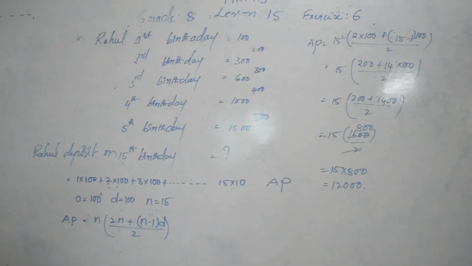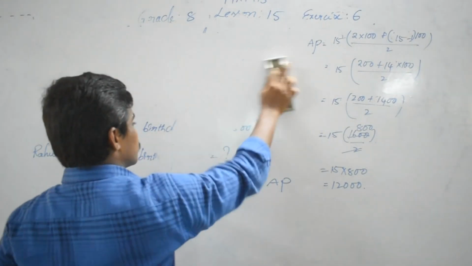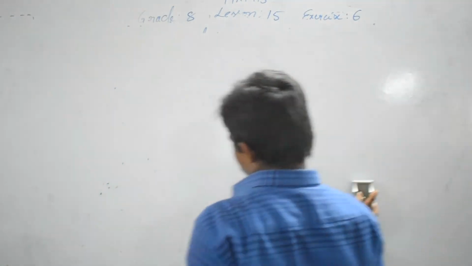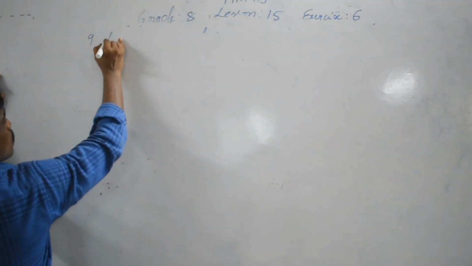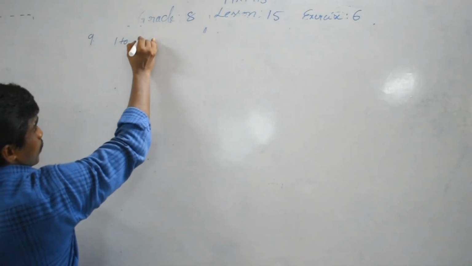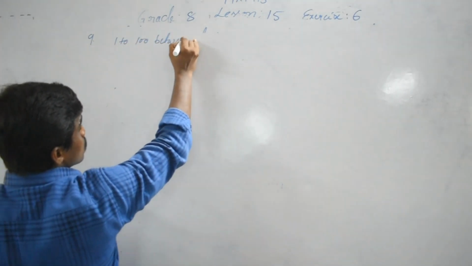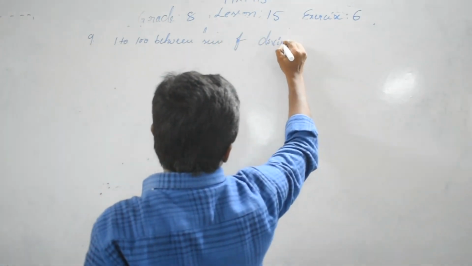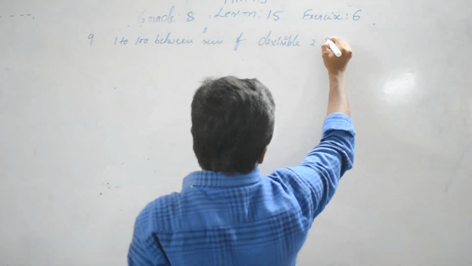Next one. Find the sum of integers from 1 to 100 that are divisible by 2 or 5.